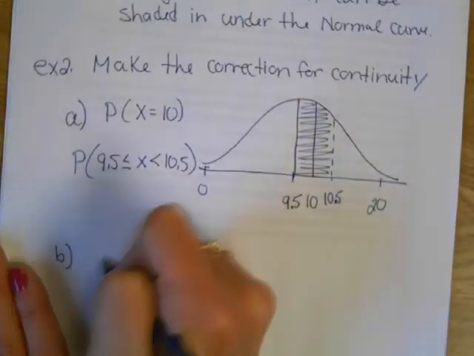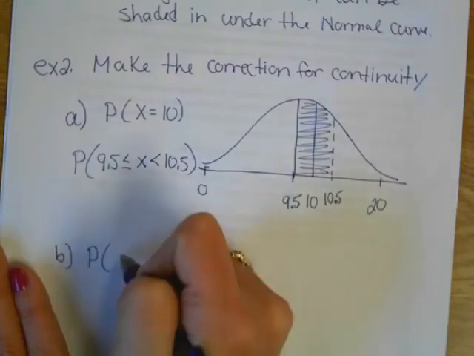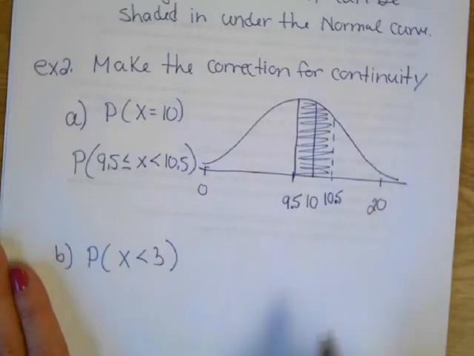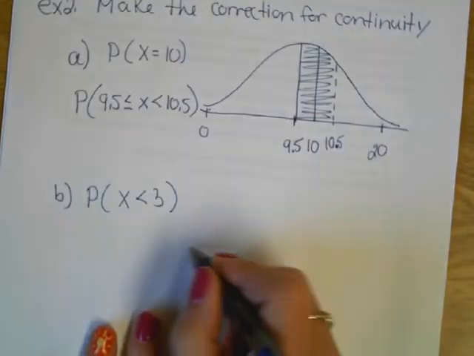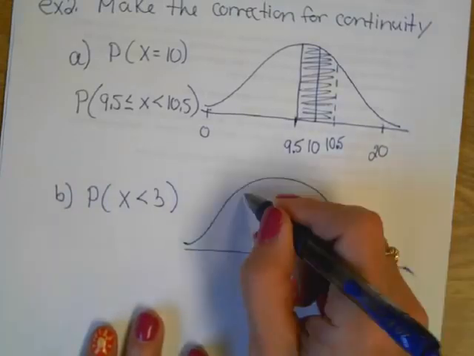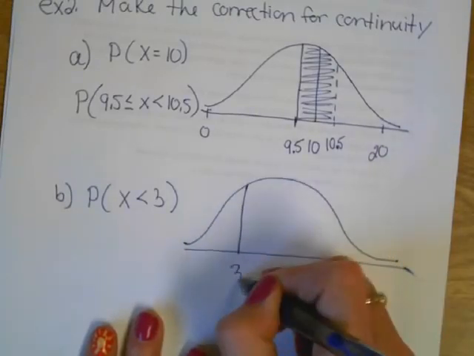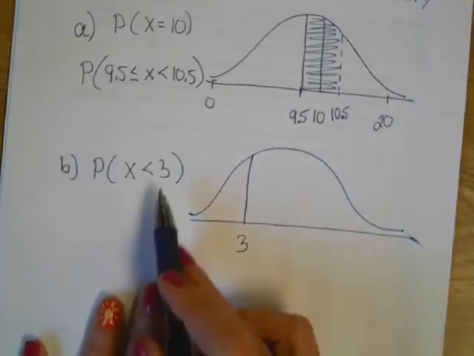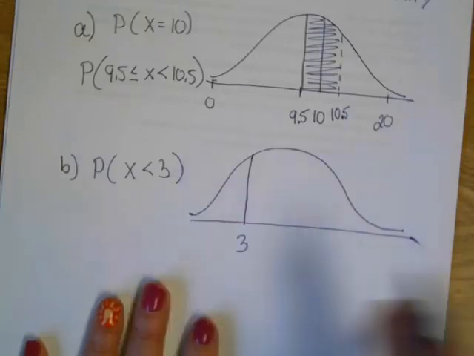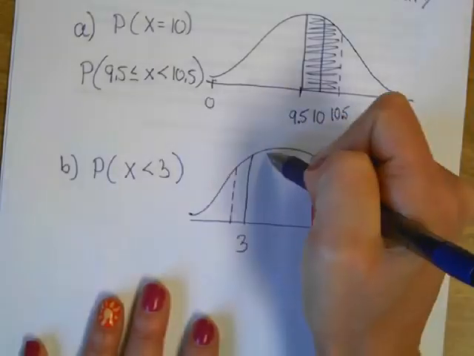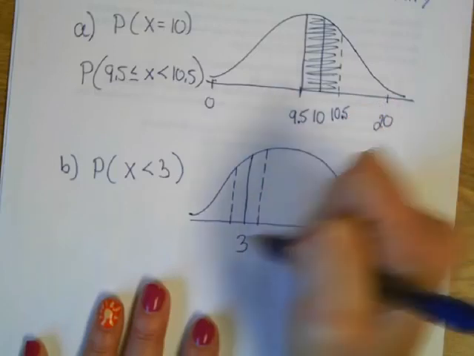Okay, what if my question said, what's the probability that you get less than 3 correct? Well, you need to include all values that would round to 3. That whole number is going to get changed by a half. It's either going to go to 2.5 or up to 3.5. So put the bar around 3.